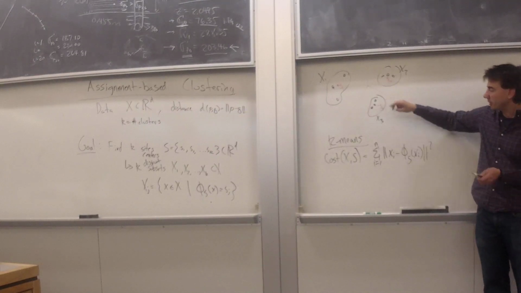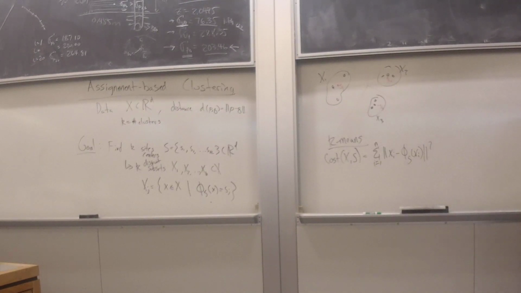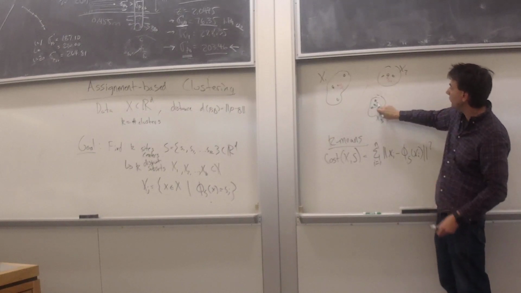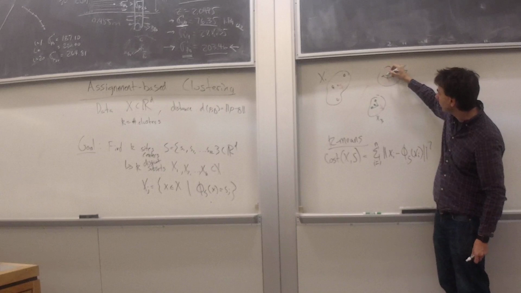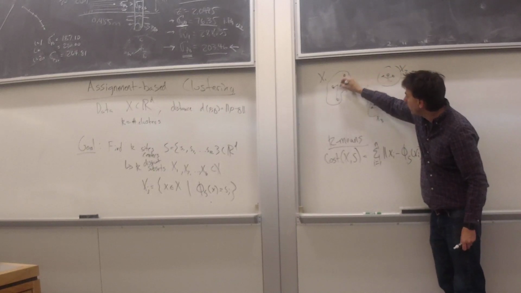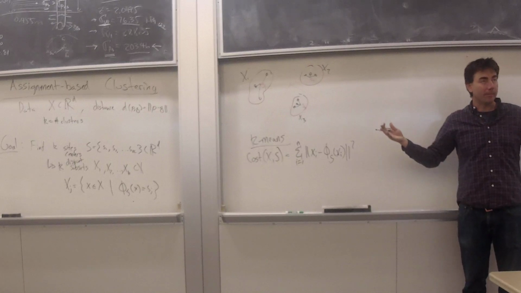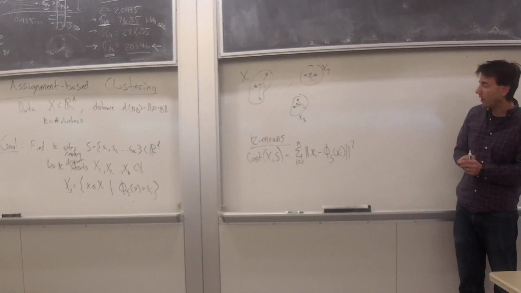Each point has a distance onto its assigned center, and I sum these green lines up and square them.